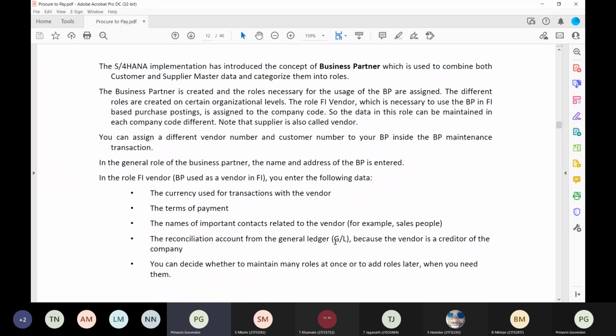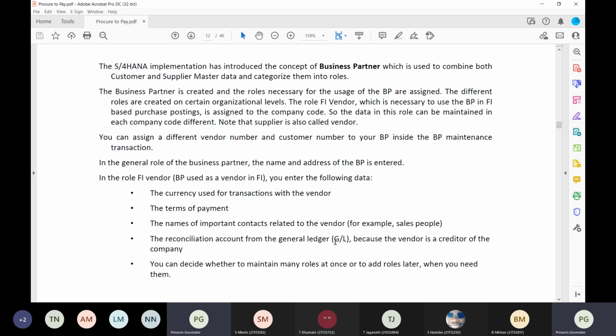The S4HANA implementation has introduced the concept of business partner, which combines customer and supplier master data and categorizes them into roles. The business partner is created and the roles necessary for the usage of the business partner are assigned. See, they're using BP, just like in the S4HANA Fiori Launchpad apps.